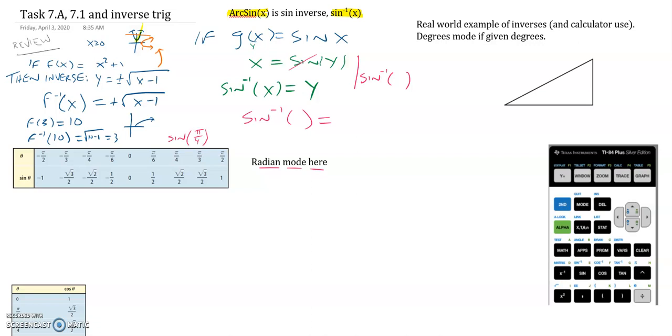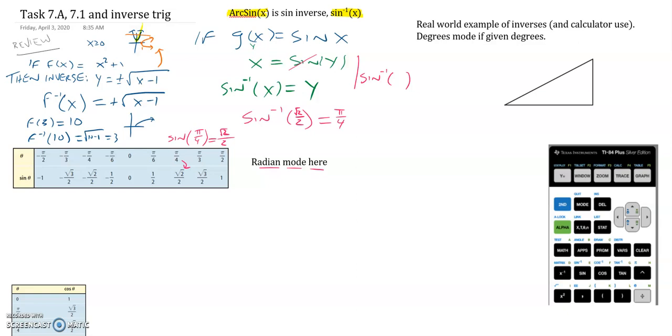Watch. Sine of pi over 4 is, using the table, root 2 over 2. The y-coordinate on that part of the unit circle is root 2 over 2. So what happens when I plug a root 2 over 2 into the inverse? It's basically going to kick out the pi over 4. It is running the table backwards.